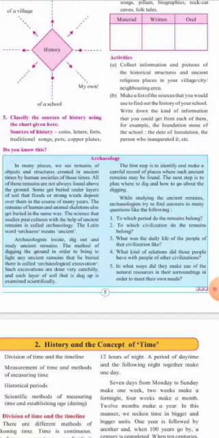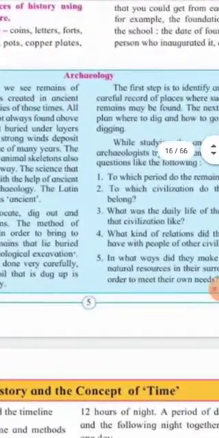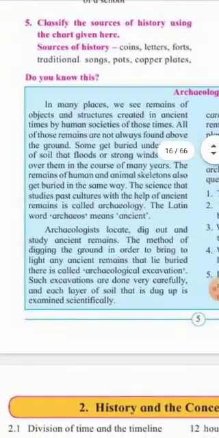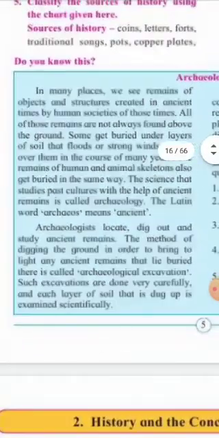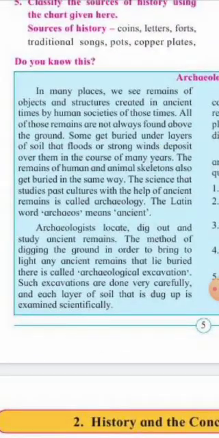In many places, we see remains of objects and structures created in ancient times by human society of those times. All of those remains are not always found above the ground.